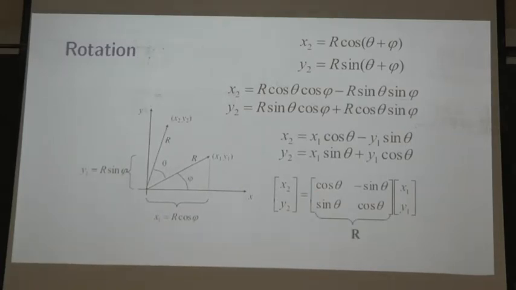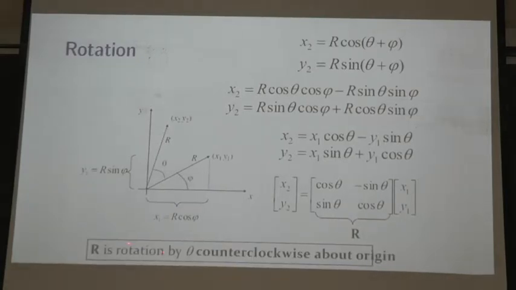I'll call it R. This is the rotation matrix about the origin, you have to remember, about the origin, counterclockwise by theta. You have to remember those things because it's derived under those assumptions. If I change those, this will change slightly. Okay? Is that fine? Everyone feels comfortable with that? No issues? Alright, good. So this is rotation by theta counterclockwise about the origin.